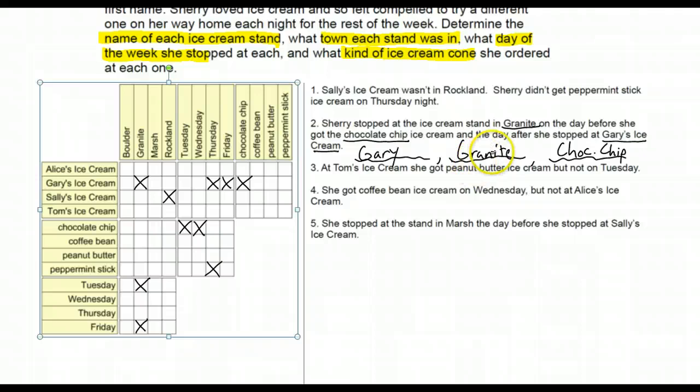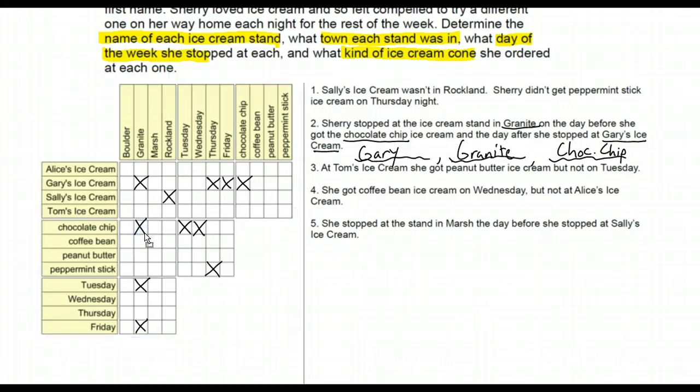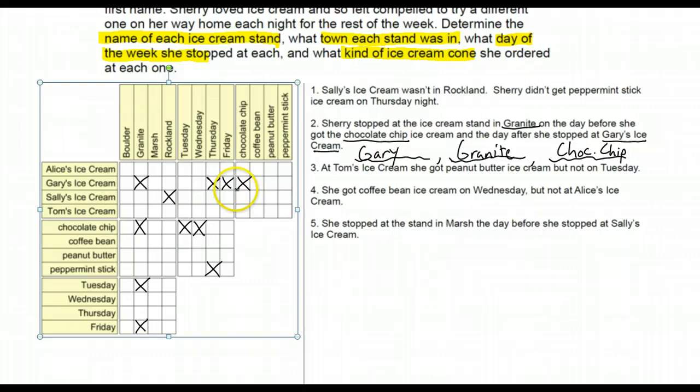We also know that granite is not Gary, and granite is not chocolate chip. And chocolate chip can't be Gary, and chocolate chip cannot be granite, which we already have marked. So this clue tells us about order and three separate events, which means that these are three separate things.